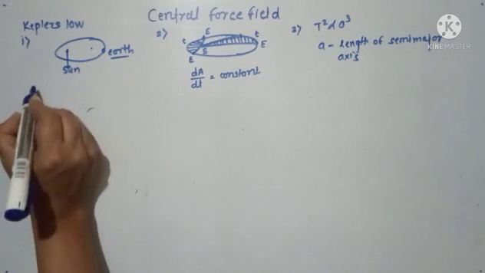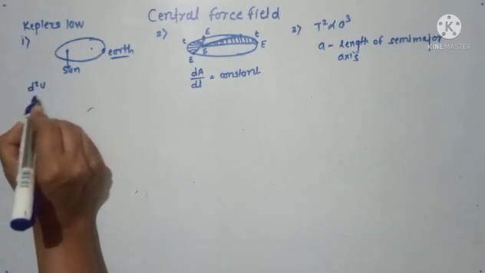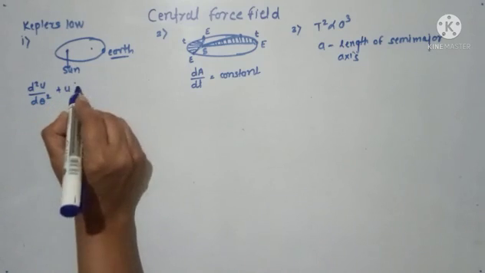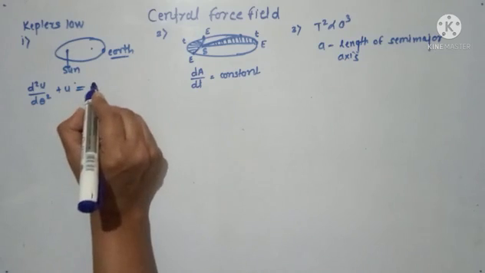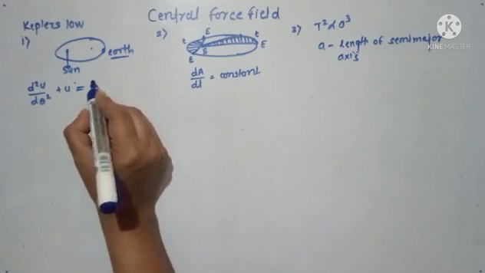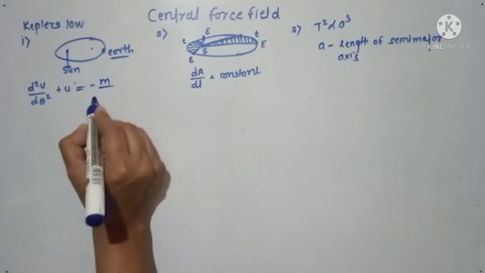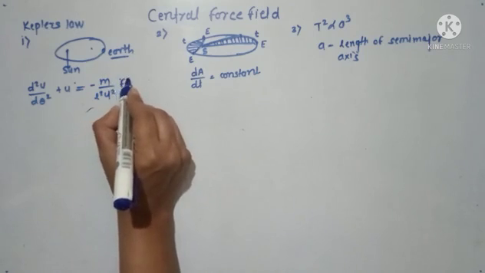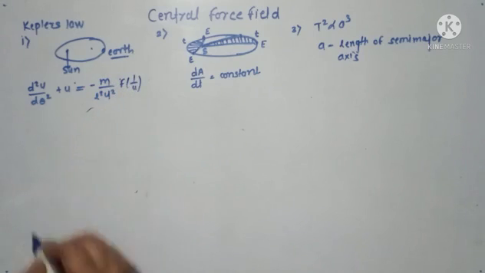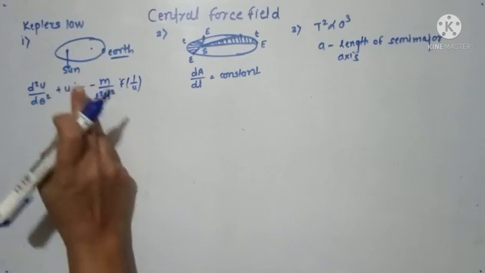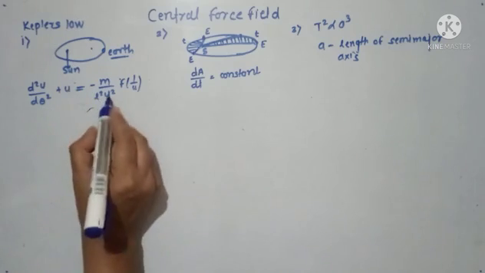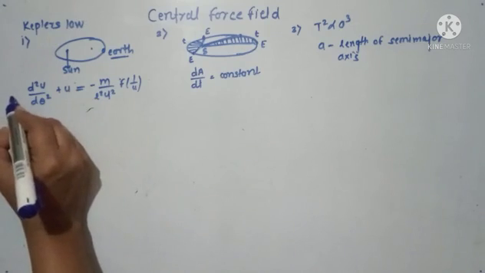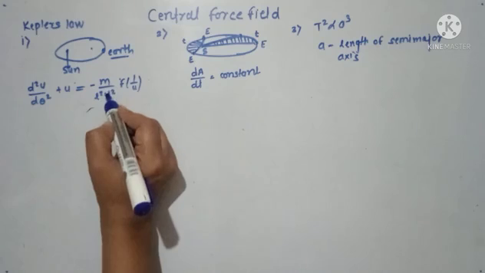The equation of the orbit was d square u upon d theta square plus u is equal to minus m upon L square u square into f of 1 upon u. This I have written in a somewhat different form. In the previous lecture, this m upon L square u square was on this side; I have just taken it to the other side.